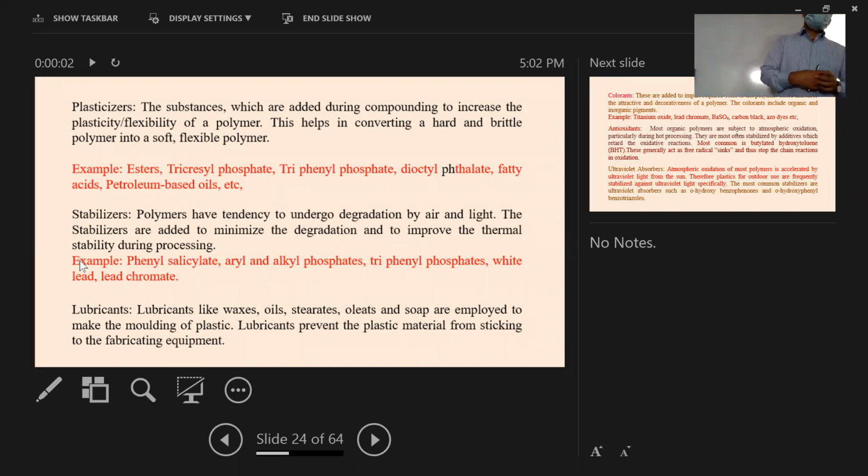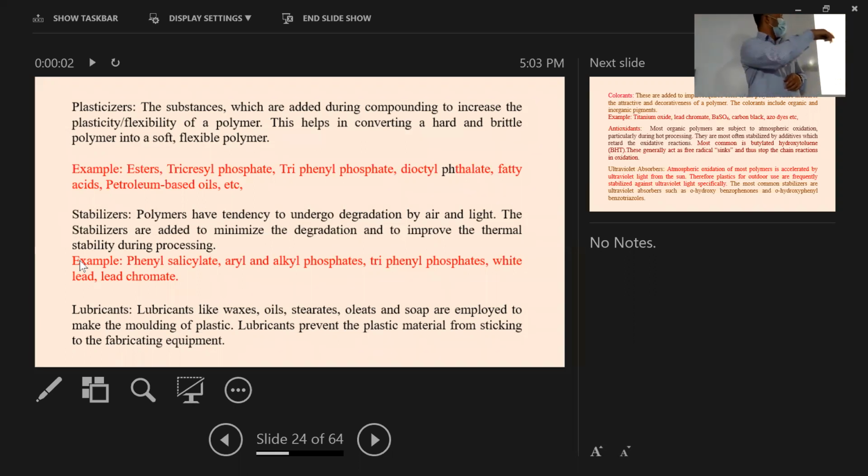So if you have some polymer which is not normally flexible, but you add some other materials like esters, tricresyl phosphate or triphenyl phosphate, diethyl phthalate, fatty acids, petroleum based oils, different things.